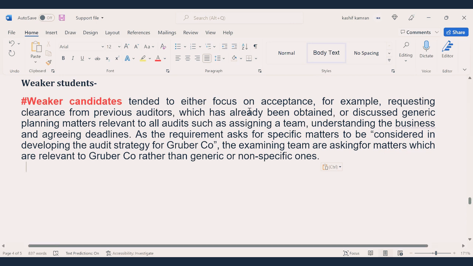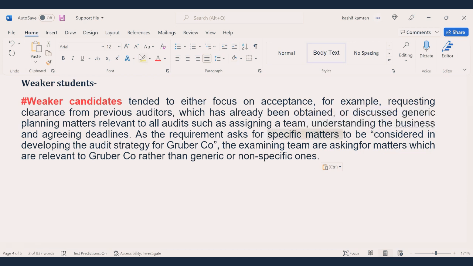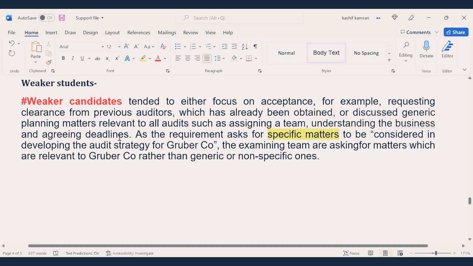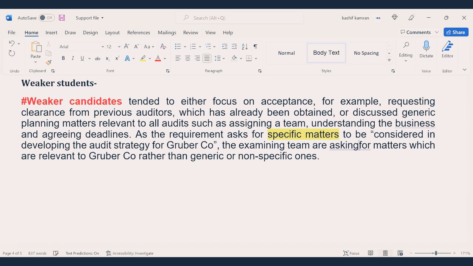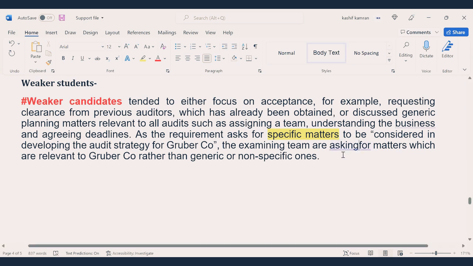As the requirement asks for specific matters to be considered in developing the audit strategy for Grubber, the examining team are asking for matters which are relevant to Grubber rather than generic or non-specific ones.